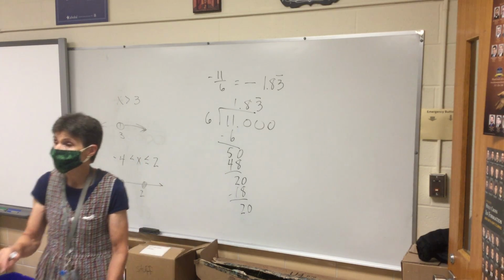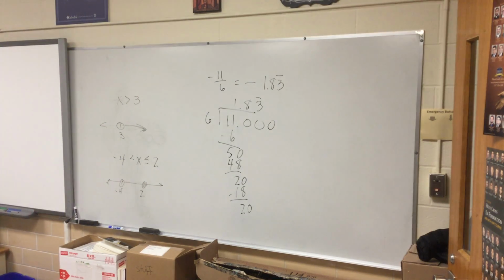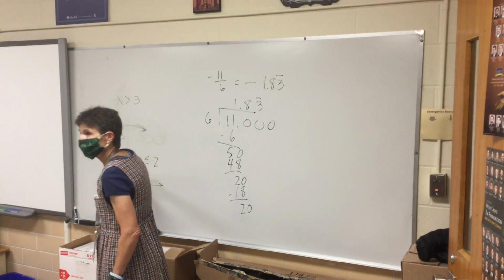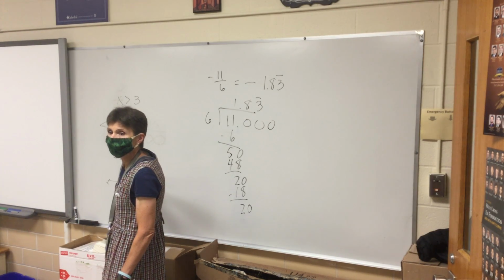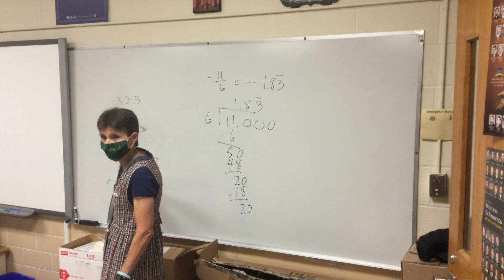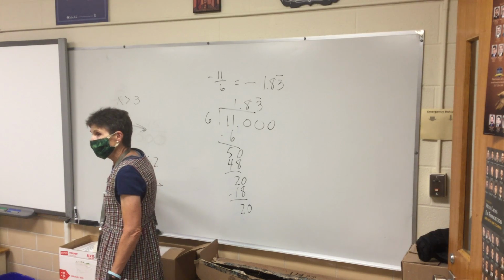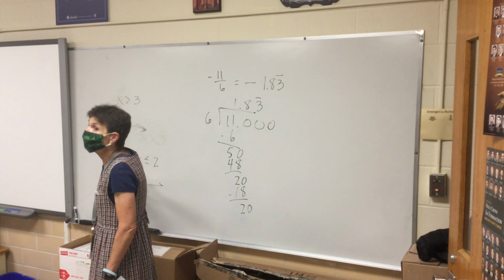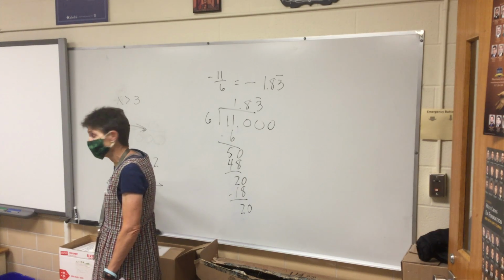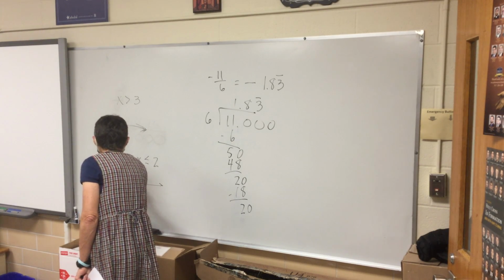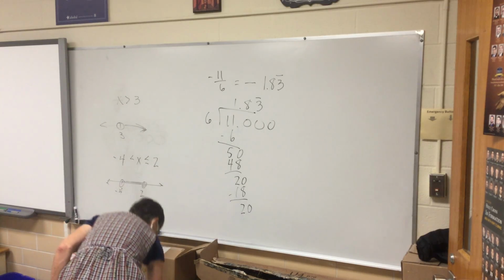And then where am I going to shade? Opposite direction. See this X right here? See how he's sitting right in between the negative 4 and the 2? Since he's sitting in between the negative 4 and the 2, we're going to shade in between the negative 4 and the 2.